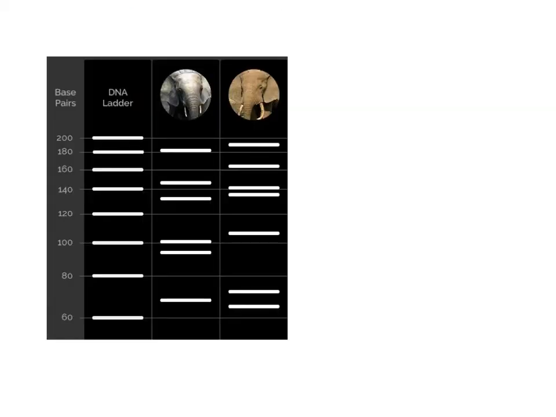All right, so now we can look at the actual example in the CSI wildlife case, and you can see that we have two different elephants there. You can see that fragment A is almost exactly at 180. Maybe it's a little bit bigger than 180, we might say 185, but it's pretty darn close to that DNA ladder.